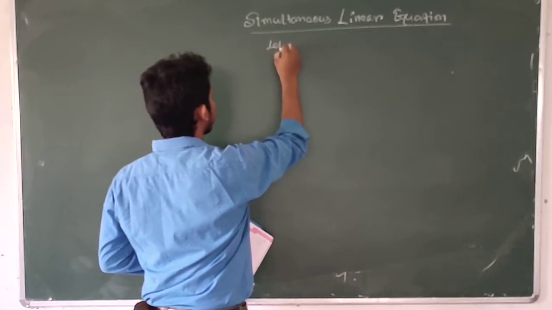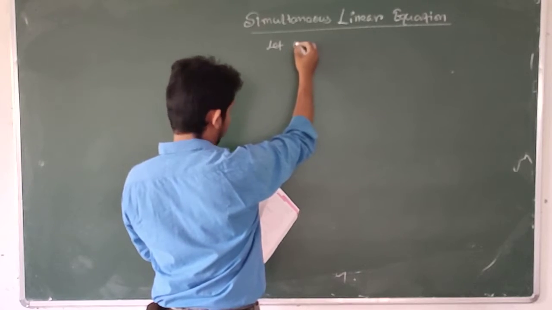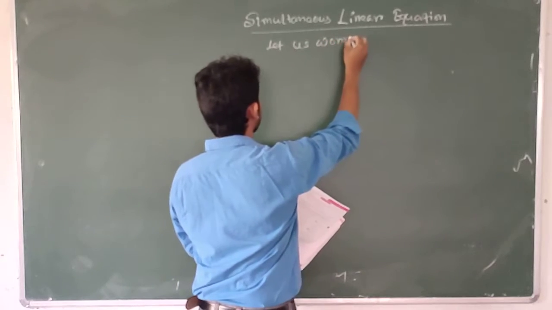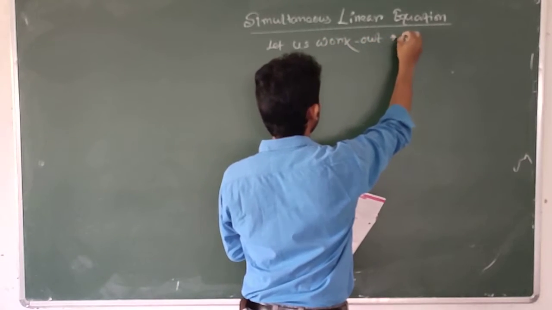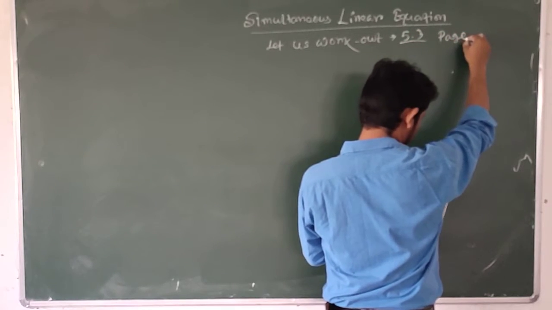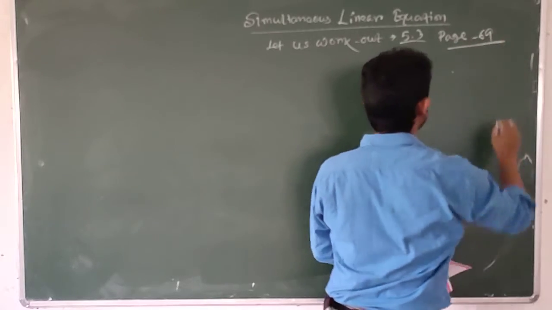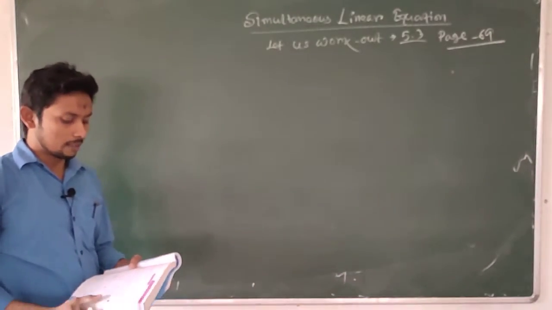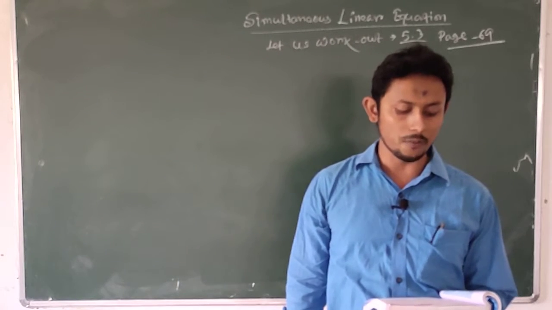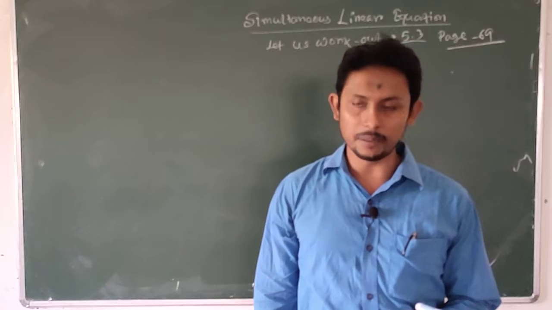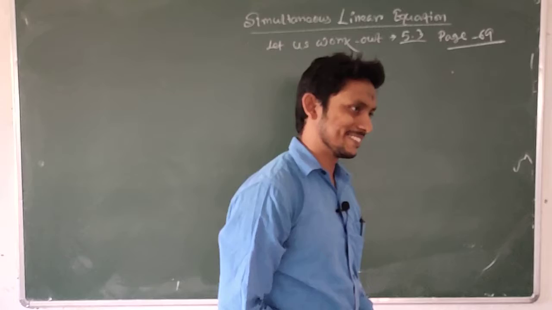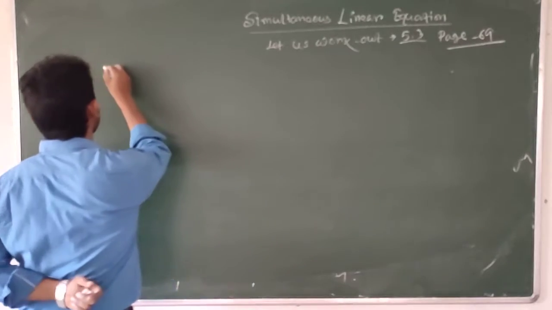Here it is exercise 5.3, let us work it out. What is the page number there? 69. Number 1: solve the following simultaneous linear equations in two variables by the method of elimination. Check them graphically. So what is the method of elimination? That's what we are going to learn.